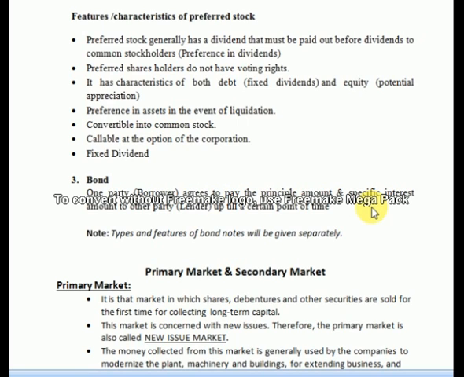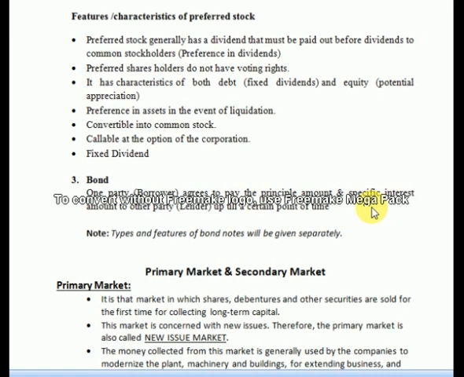Like, there is a 5-year preferred stock that is issued, and at the time of issue, the corporation decided that after 2 years, anytime the company can call back, can redeem this preferred stock.